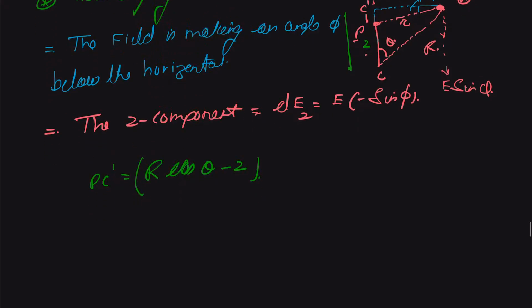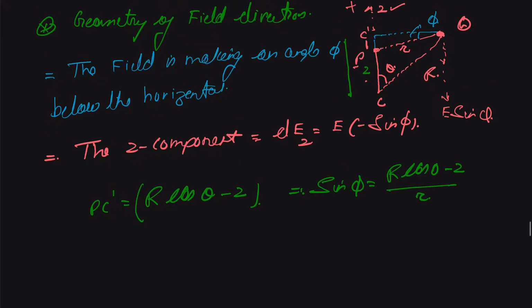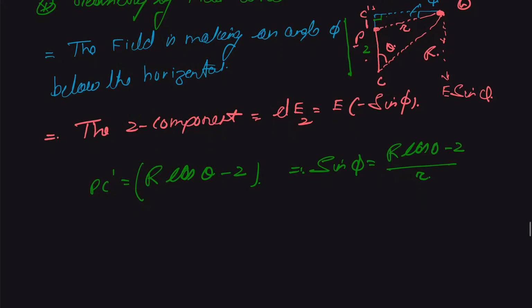And therefore from here we can write that sine of phi will be equal to r cos theta minus z upon small r. In this triangle, this is our 90 degrees, so PC prime Q gives the sine of phi.